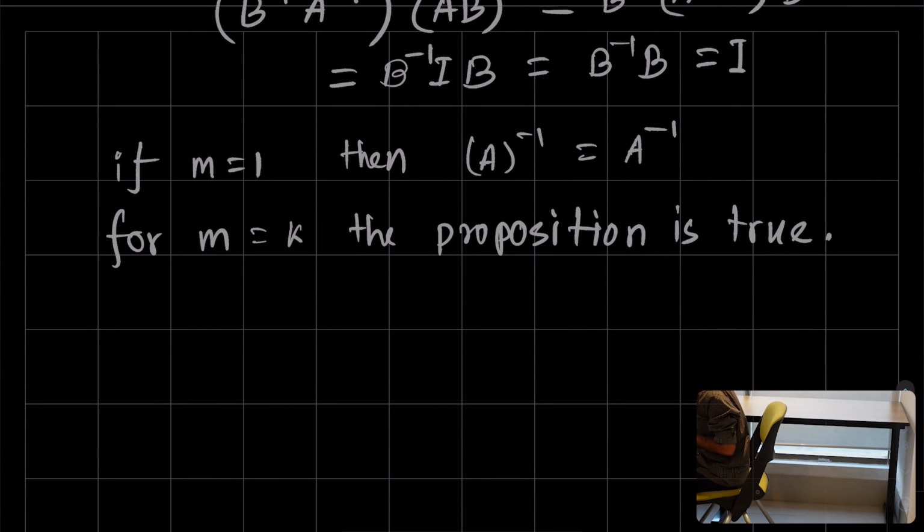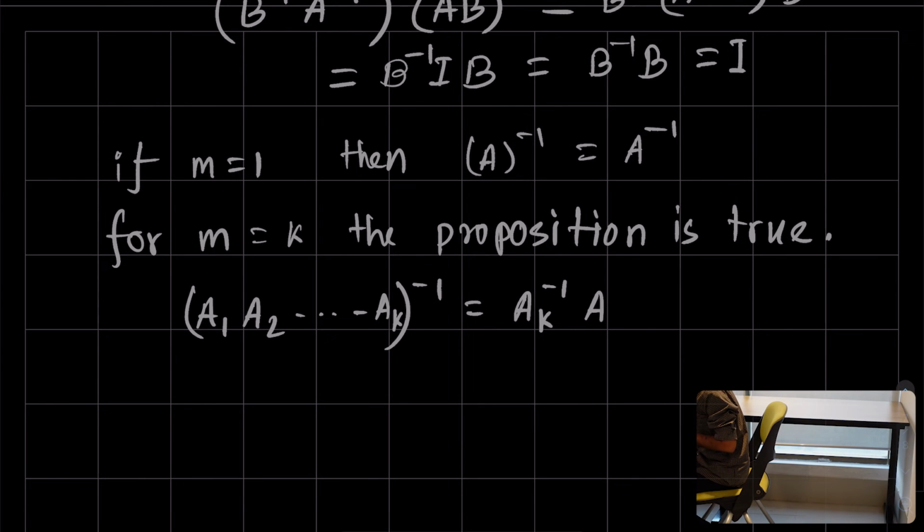That means A1, A2, up to AK, inverse is equal to AK inverse, up to A2 inverse and A1 inverse.